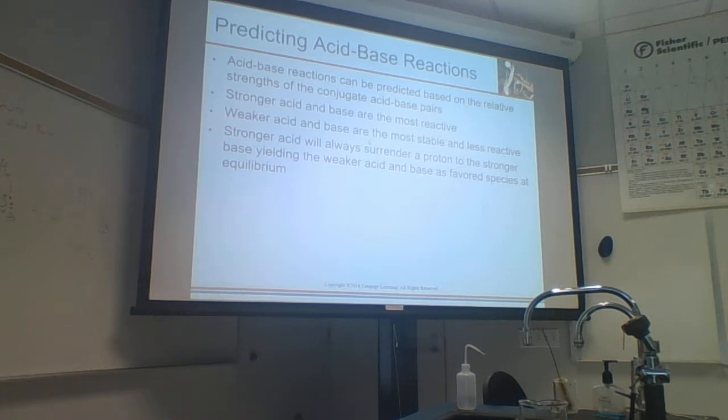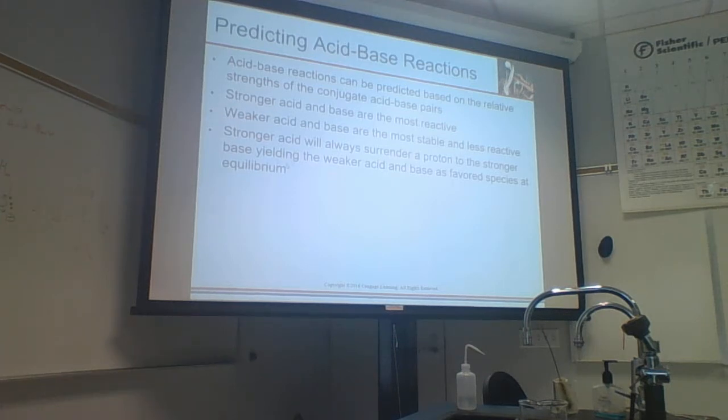Predicting acid-base reactions. Acid-base reactions can be predicted based on the relative strengths of the conjugate acid-base pairs. Stronger acids and bases are the most reactive. Weaker acids and bases are the most stable and less reactive. A stronger acid will always surrender a proton to the stronger base, yielding the weaker, if there's a driving force.